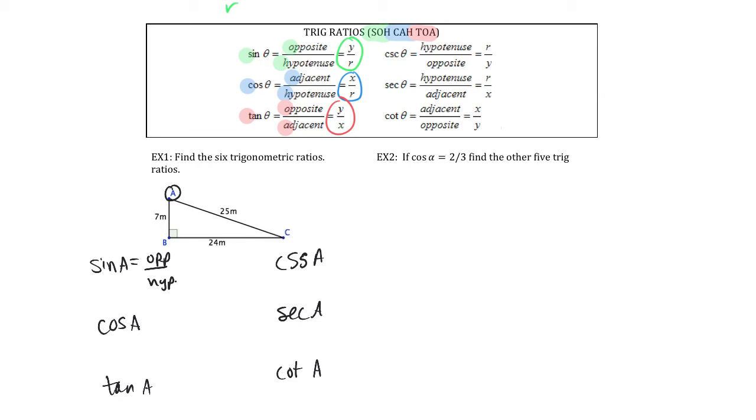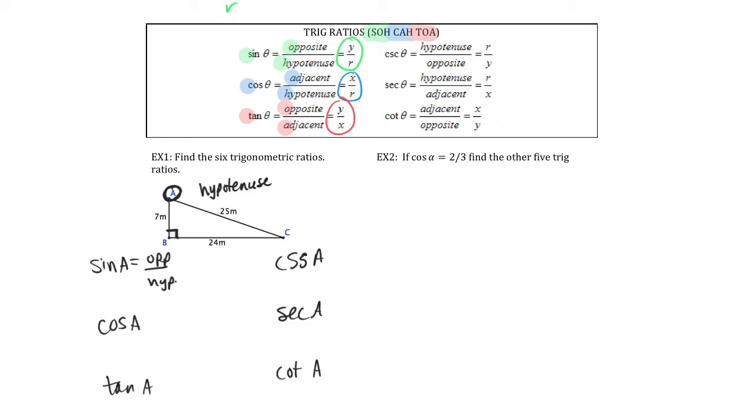Now hypotenuse, that's the word we use for the radius of a circle, but it's also the diagonal. It's the one that's always across from the 90-degree angle. And then who gets to be considered opposite or adjacent? It is all about what angle we're looking at.